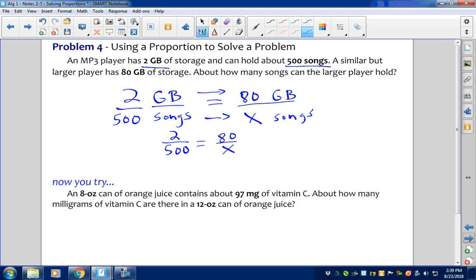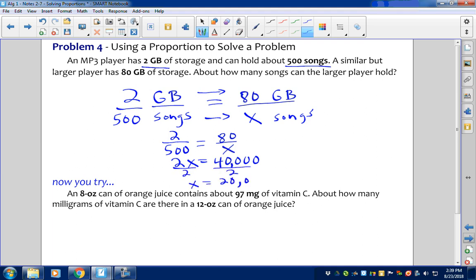Cross multiply here. That's 2x equals 8 times 5 is 40, and I've got 3 zeros. So 40,000. 2x equals 40,000. So divide by 2. So x equals 20,000 songs.